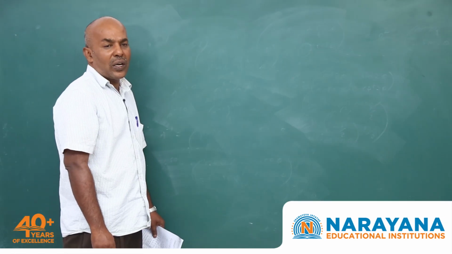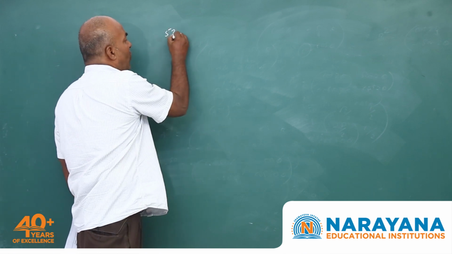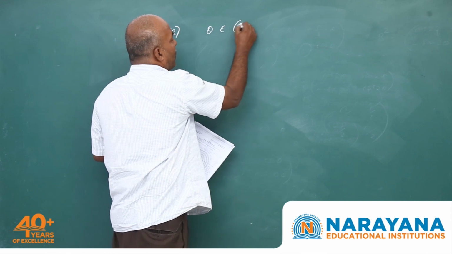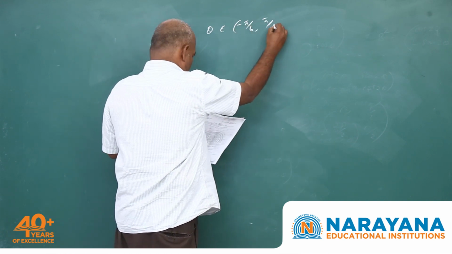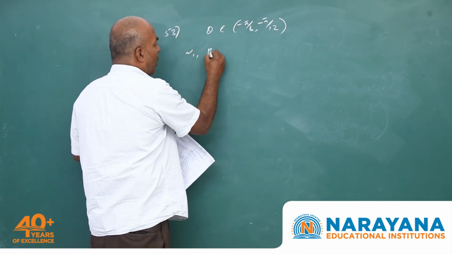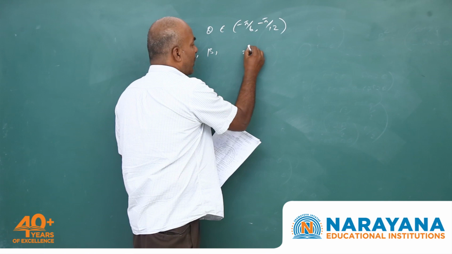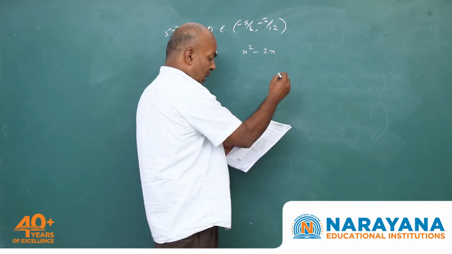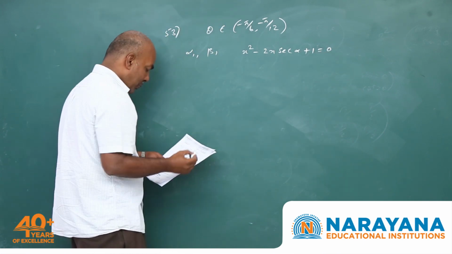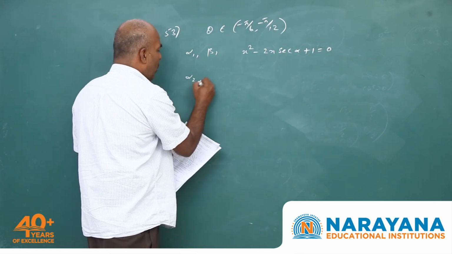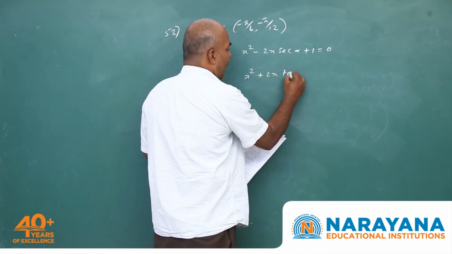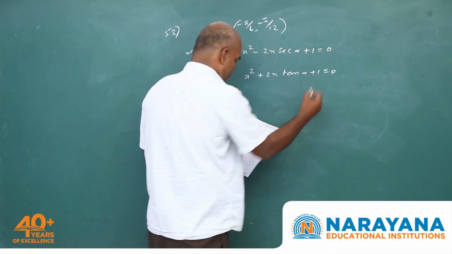Now we shall discuss question number 53. Question number 53 says that the condition on theta is given, that is minus pi by 6 to minus pi by 12, and alpha 1 and beta 1 are the roots of x square minus 2x into secant alpha plus 1 equal to 0, and alpha 2 and beta 2 are the roots of x square plus 2x into tan alpha plus 1 equal to 0.